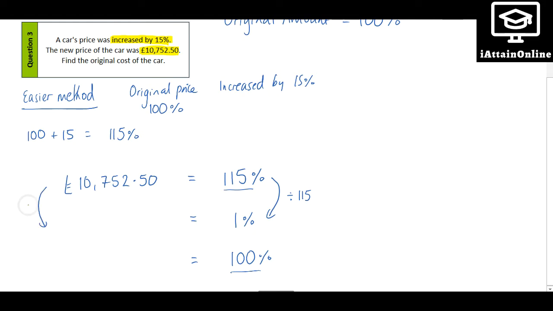So I need to do the same over this side as well. 10,752.5 divided by 115 tells me that 1% of the number I'm trying to find is £93.50. Now, to get from 1% back to 100%, I need to times it by 100. If I do that, that tells me that the original cost of the car was £9,350.